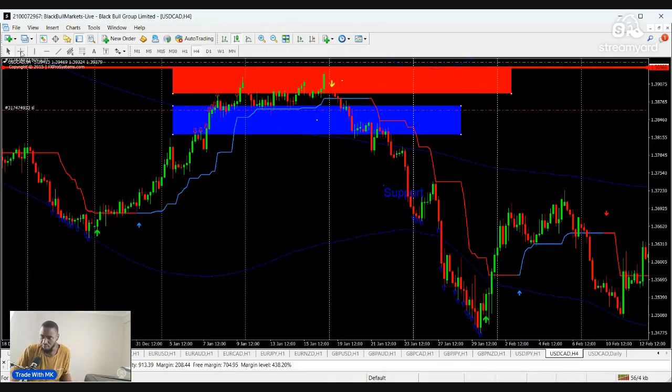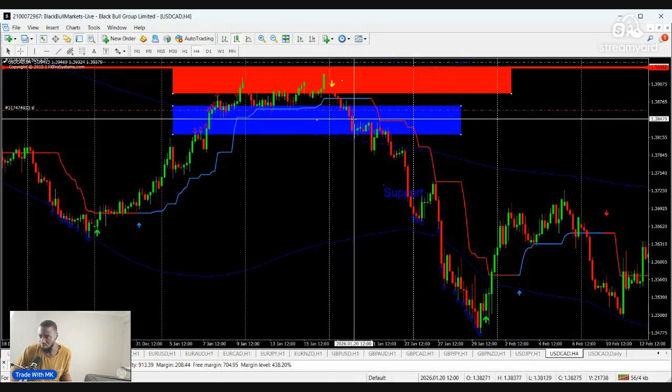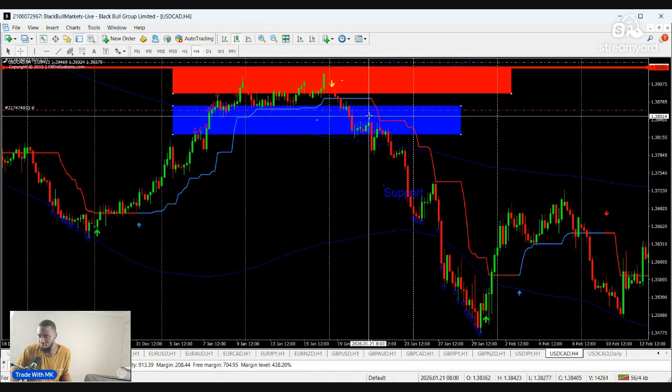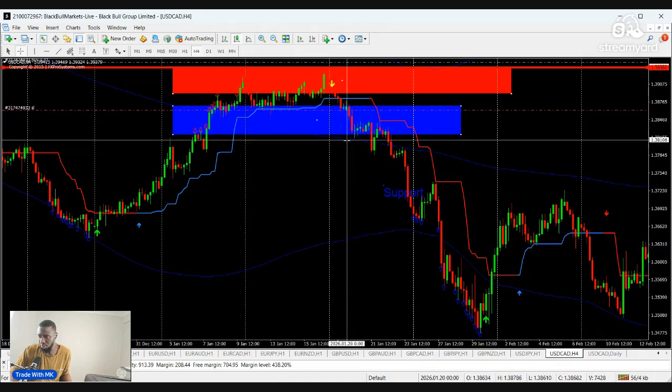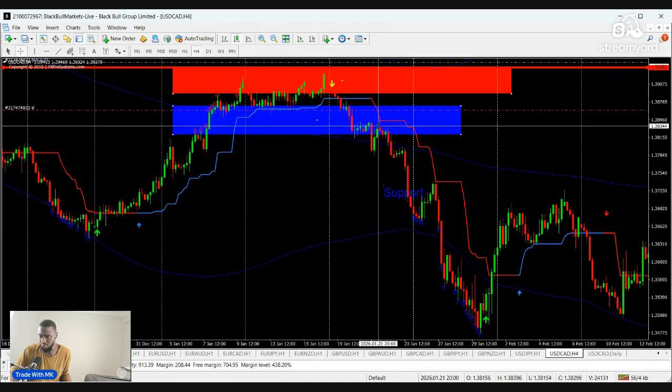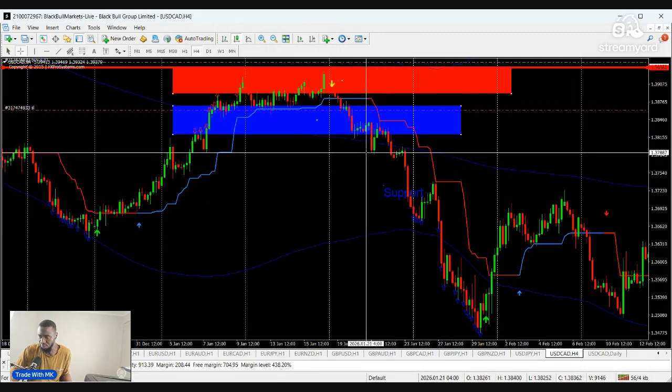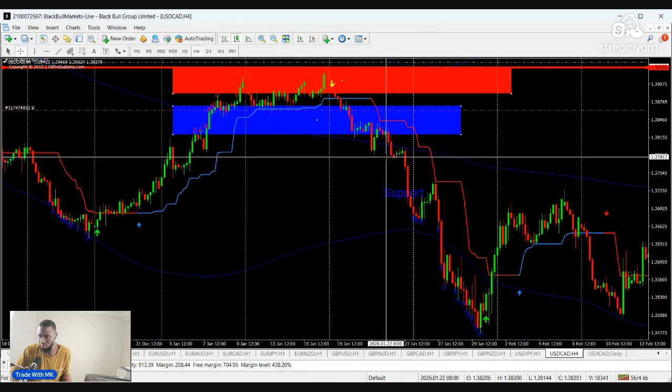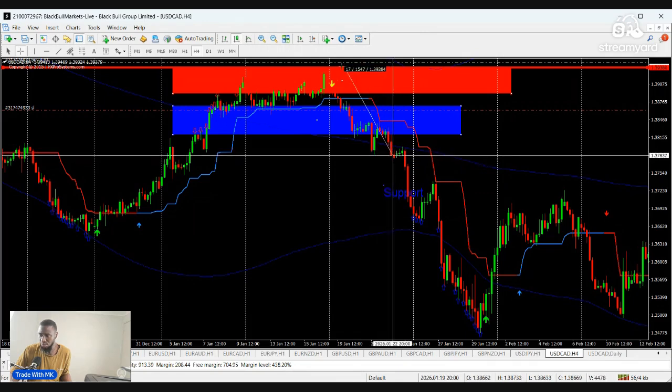So when it came back there, make small, but when it break out here, up, retest, back, retest, that's another strategy. When it broke the low below this one, I was to sell here.